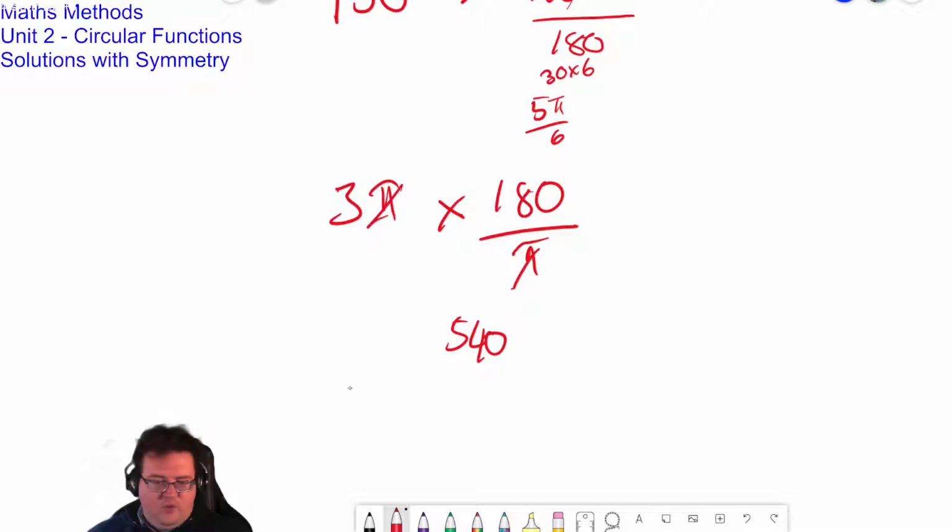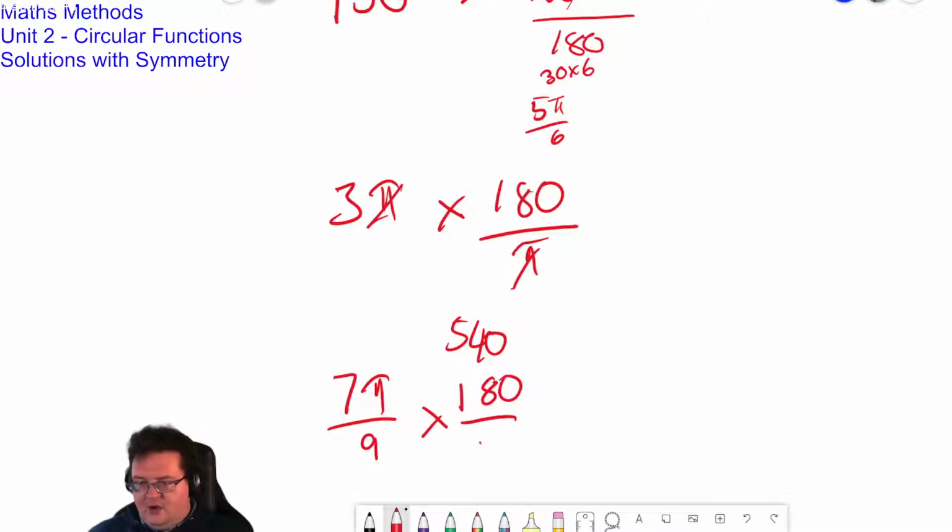And if I have a weird one like 7 pi on 9, I'd multiply that by 180 on pi. The pi's go away. 180 divided by 9 is 20, so the answer is 140.